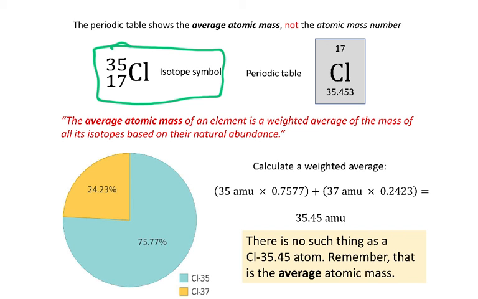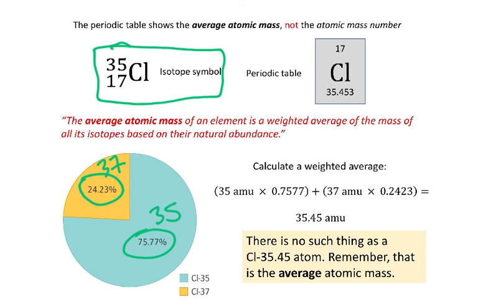Each one, again, would be one of the isotopes, but then if you had a handful of them, you'd have an average, right? Because every element has different numbers of isotopes, and those isotopes have natural abundances. So chlorine, for example, 24.23% is chlorine 37, and the 75.77% is chlorine 35.